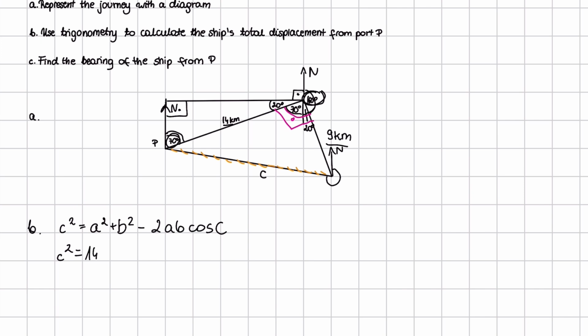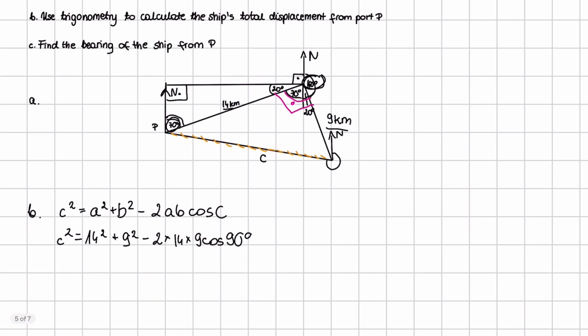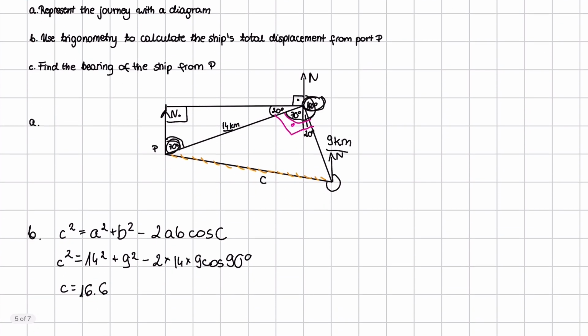So for example, 14 squared plus 9 squared minus 2 times 14 times 9, and cosine 90 degrees. We can calculate it in solver, or take the square root of our right hand side, and this is 16.6, and here we have kilometers. So this is our answer for point B.